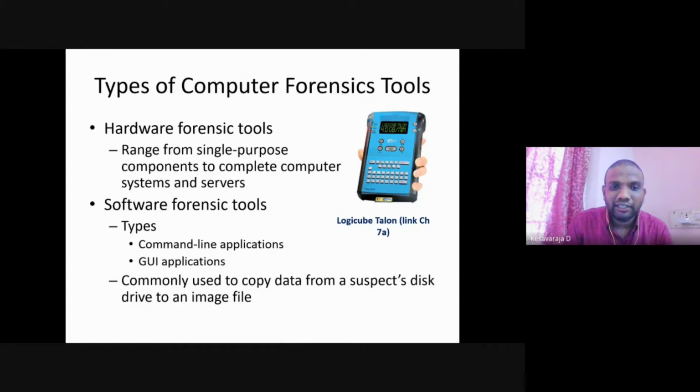A commonly used technique is copying data from a suspected hard disk or suspected flash drive to an image file. You do not directly work on the original; it is the first and foremost step of a forensics tool. Image file here does not mean a JPG file, it is a dump of data, either an ISO file or an IMG file.